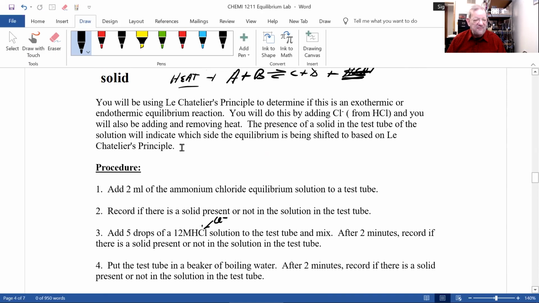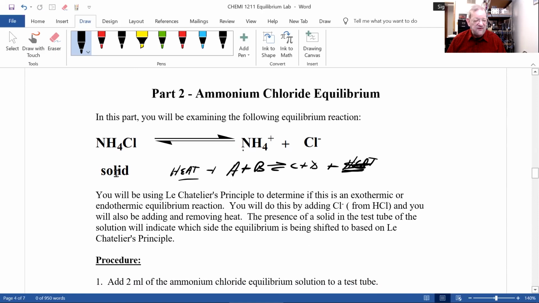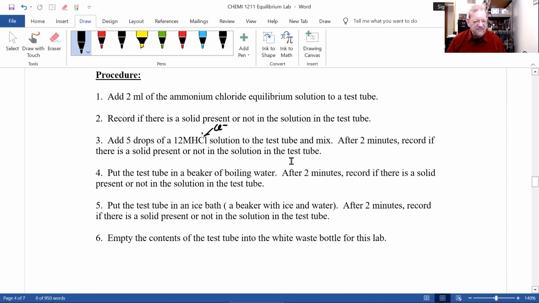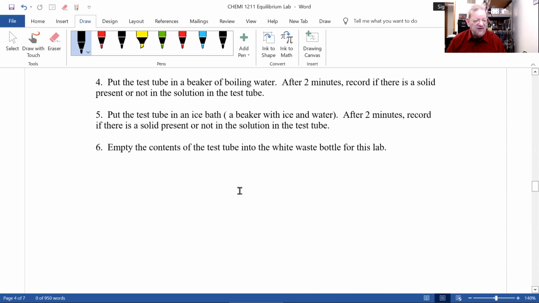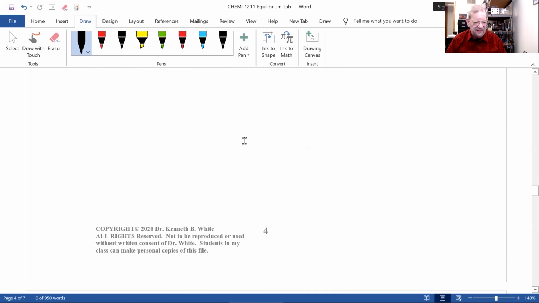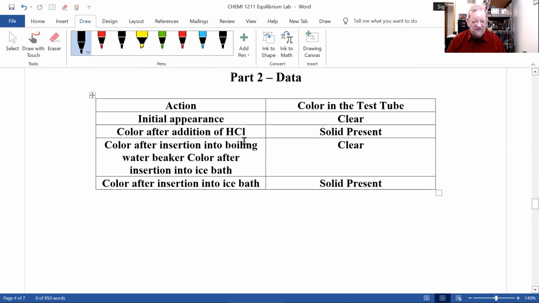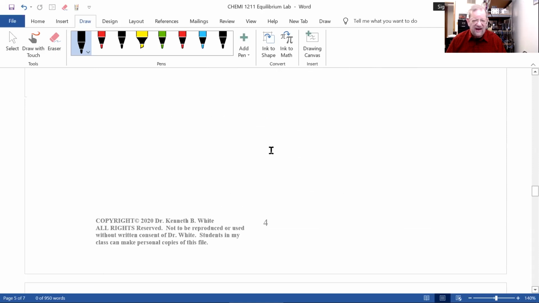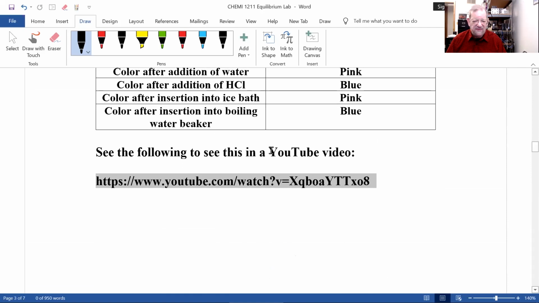If you have a solid present, that means you shifted to the left. If there's no solid present, it's on the right. Then you'll put it in boiling water and observe, is there or not a solid? And you'll put it in an ice bath. I don't have a video for that, but here's the data. It's like I have the data up here for the previous one.